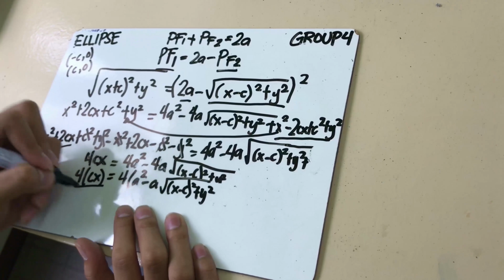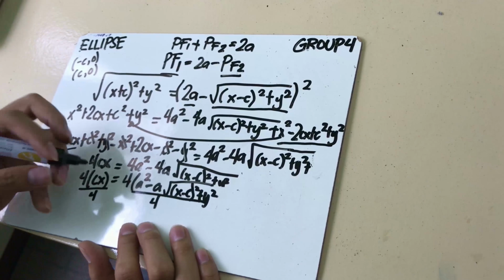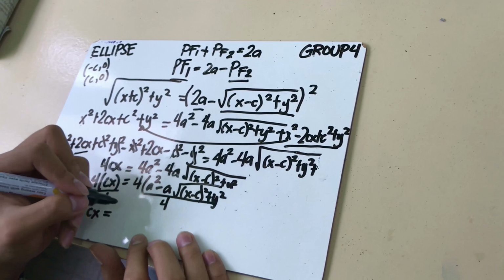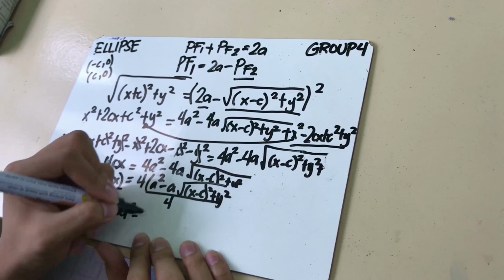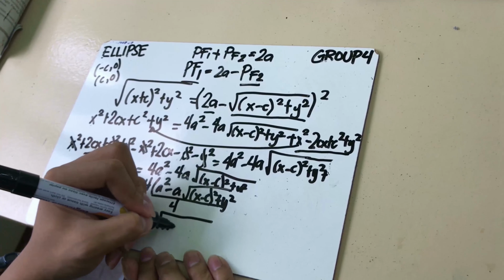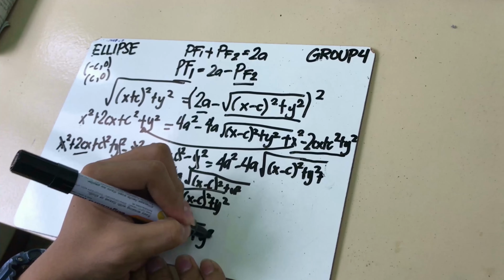And then we divide both sides by 4. Now what will happen is that we have only cx is equal to a squared minus a times the radical of x minus c squared plus y squared.